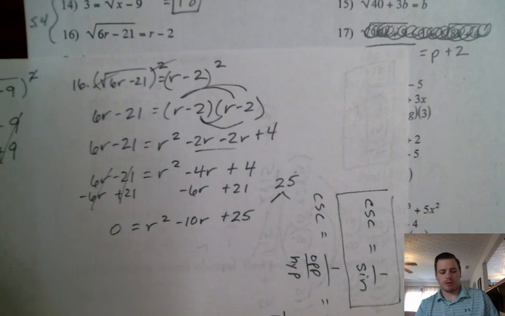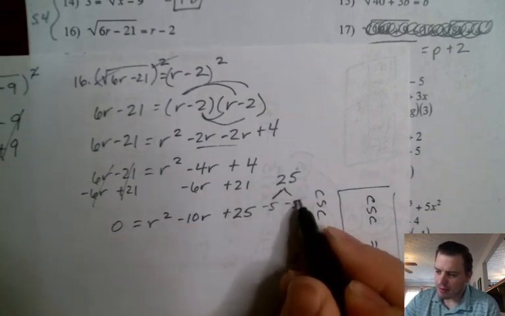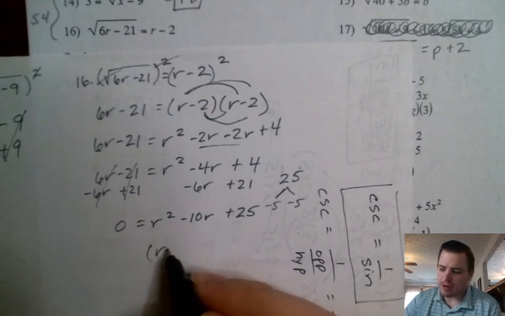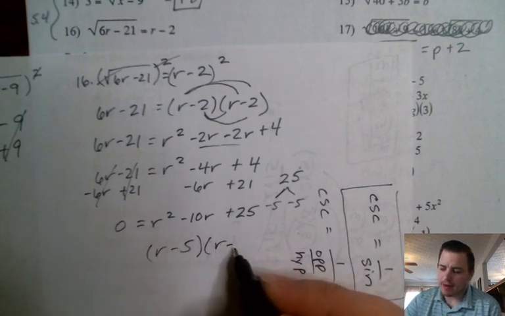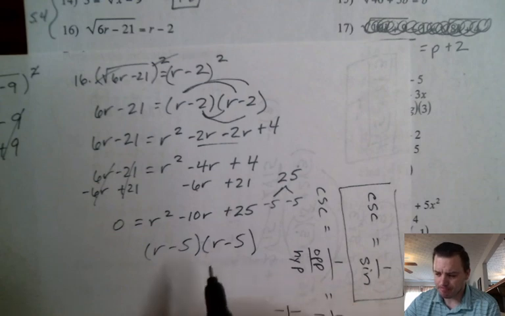What two numbers? Somebody type it in the chat box. Good, Adam. Negative 5 and negative 5. Now, since the leading coefficient is 1, I can just write r minus 5, r minus 5. If the leading coefficient is not 1, guys, I'd have to factor by grouping.